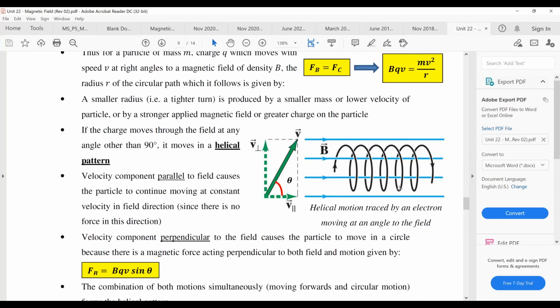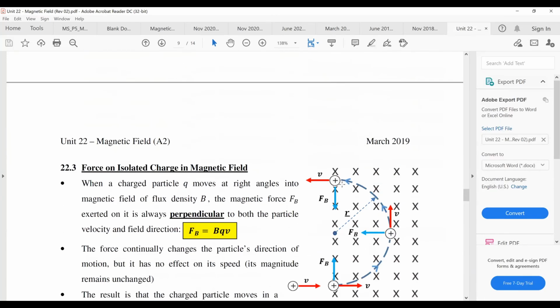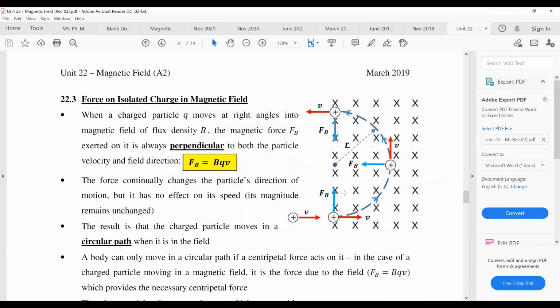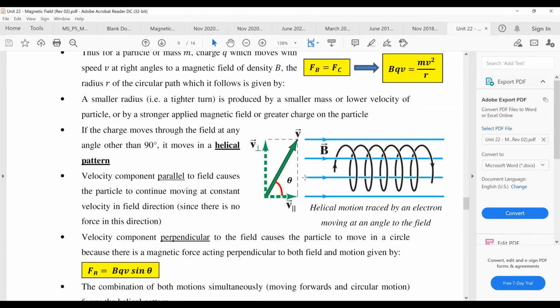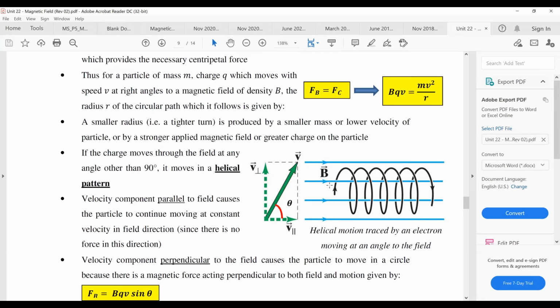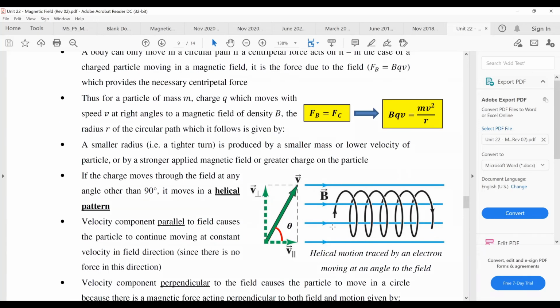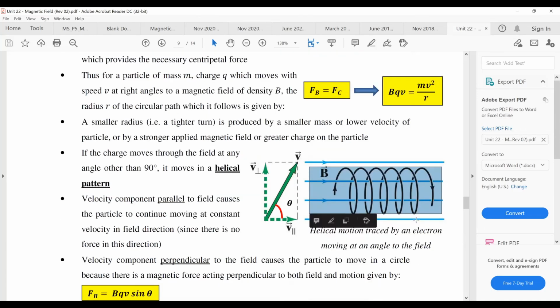If a charged particle is moving perpendicular to the field, it will move in a circle. But if it's moving at an angle theta to the field, it will move in a helical pattern, like a spring, like this one here. So how does it even produce a helical pattern here? How does it even move like that?